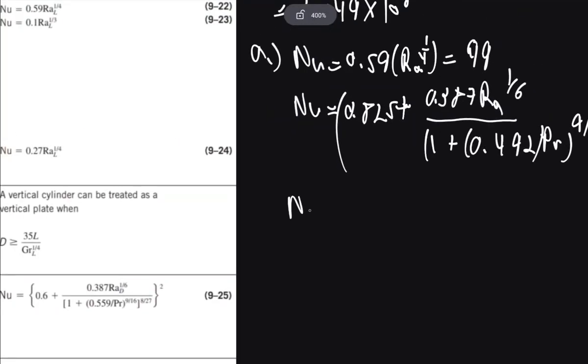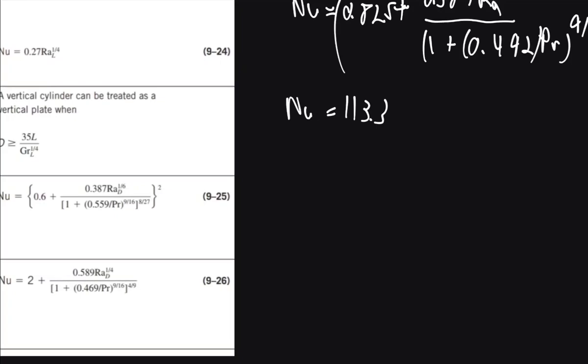And this Nusselt number is 113.3. So this one is more accurate. And so we'll use this to calculate our h. But it's fun to just see how the numbers compare.